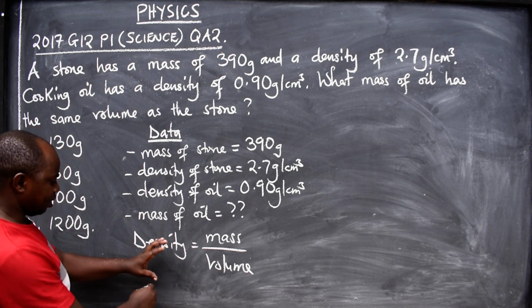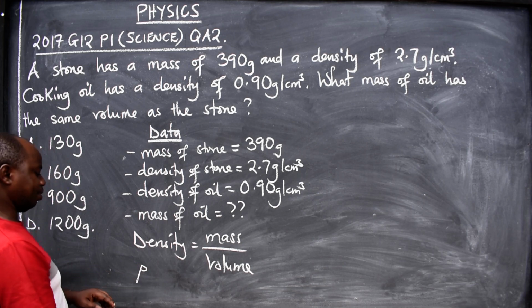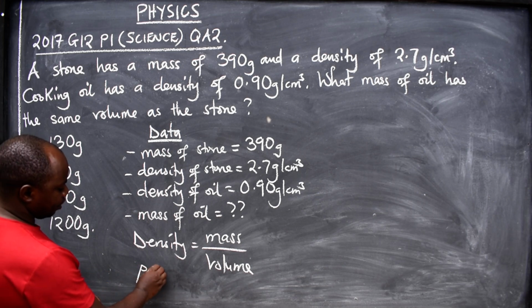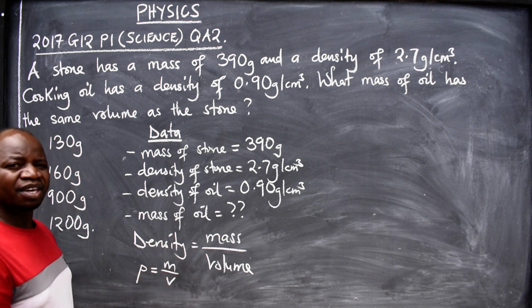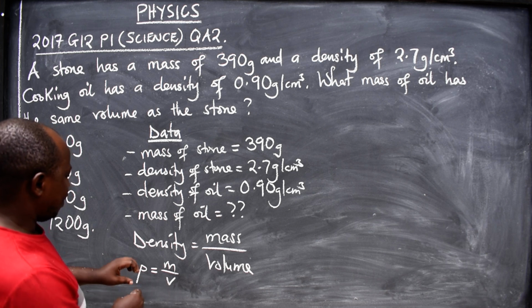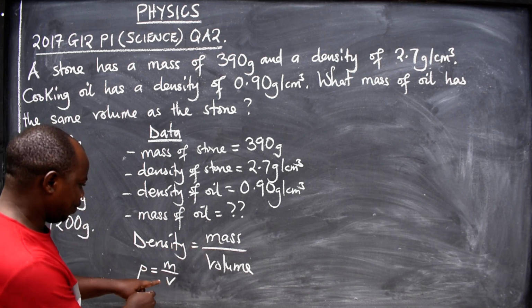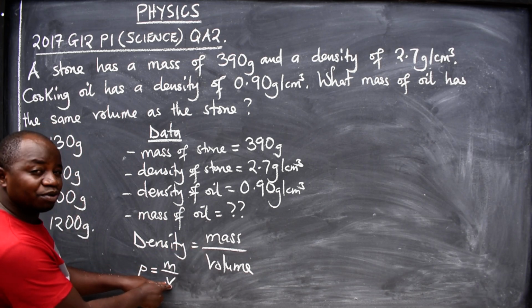In abbreviation, this can be written, so we can say density, use this Greek symbol, is equal to mass m over v.